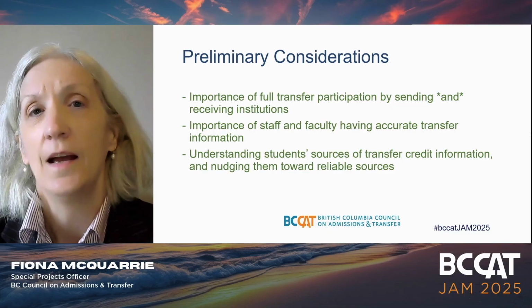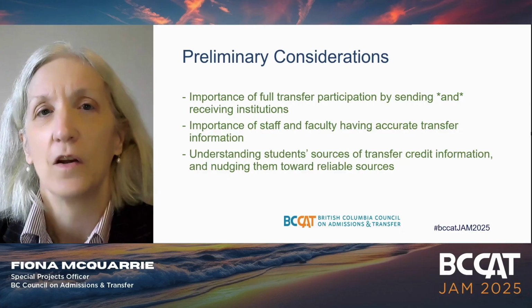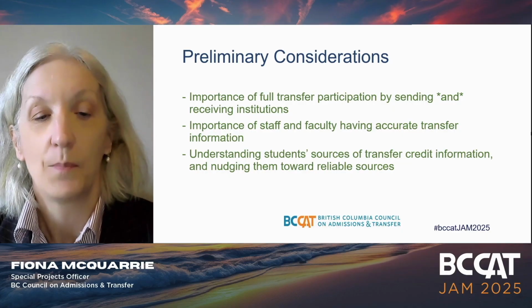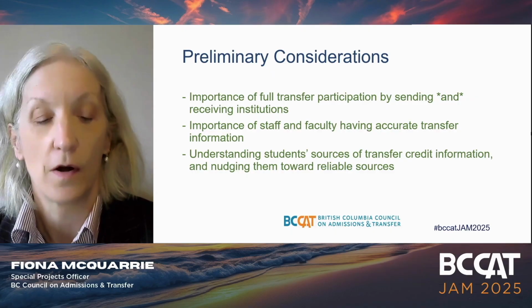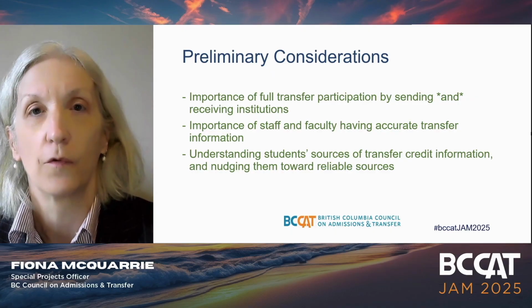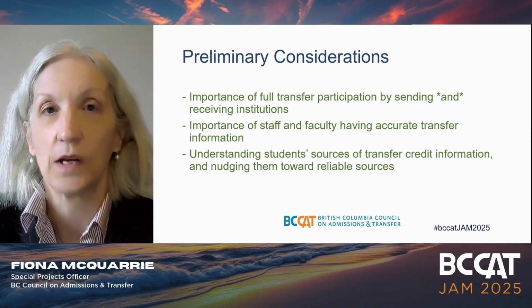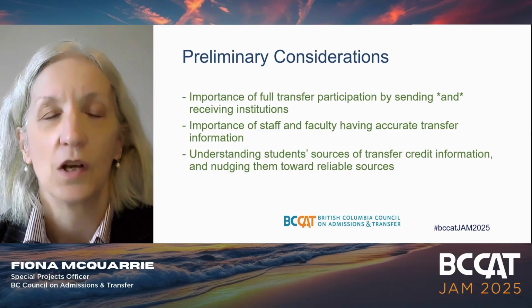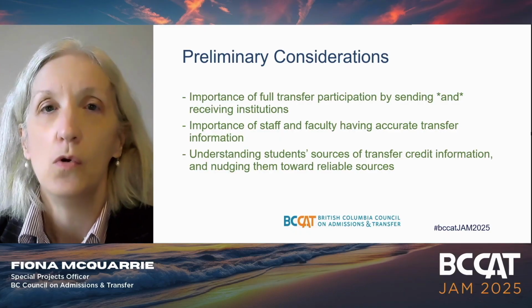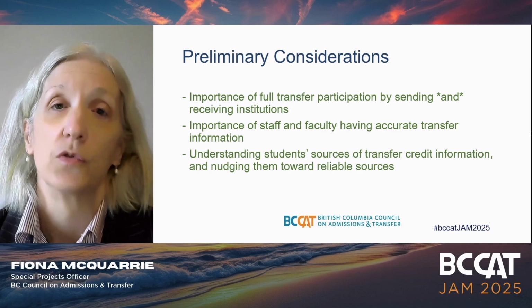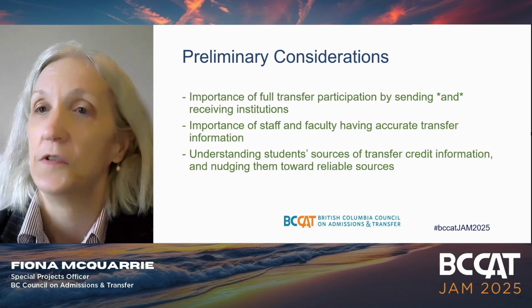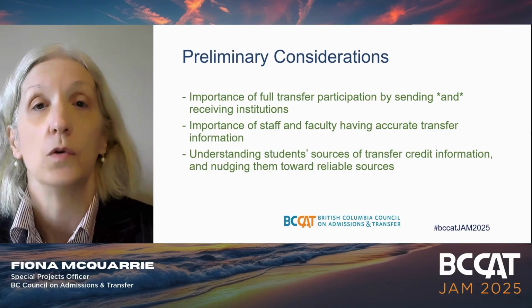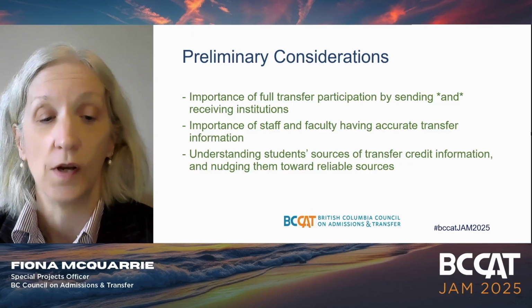Also, the idea that it's important to understand where students are getting information about transfer credit. And hopefully, if they're getting inaccurate information, there are ways to counteract that. And part of this also relates to that often there are staff or faculty who aren't formally designated as transfer credit experts, or transfer credit is not a central part of their job, who are advising students on transfer credit and which courses to take and which courses are most important to have when they move into a new program at another institution.